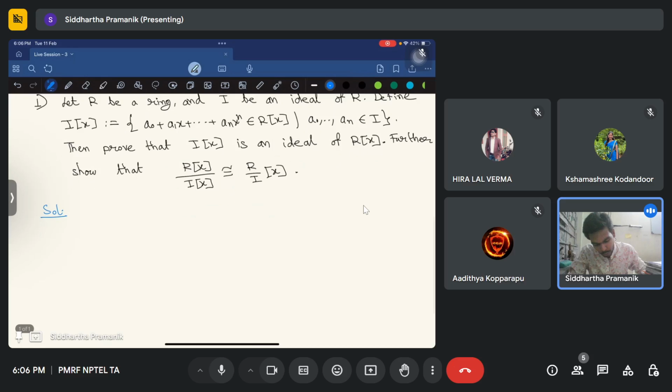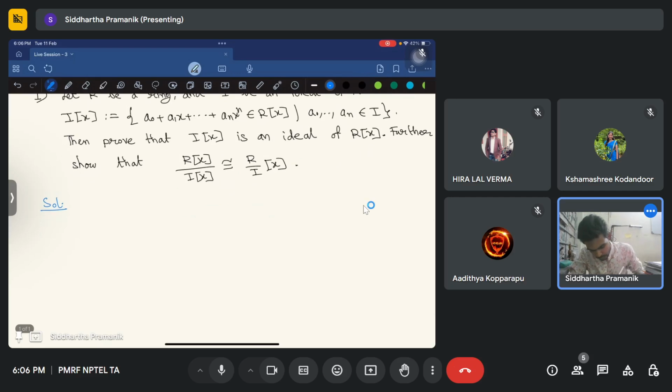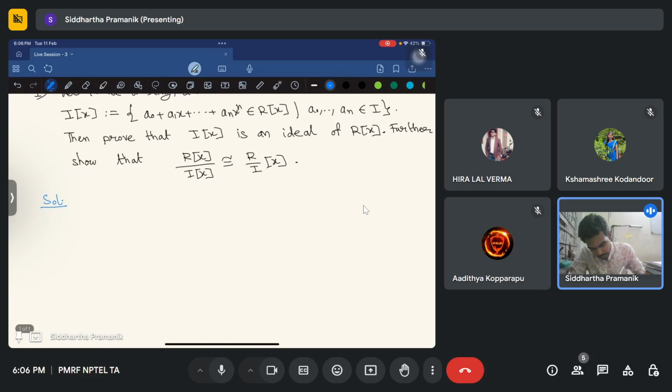So I will use the first isomorphism theorem. Let me define a map. Let f from the polynomial ring R[x] to the polynomial ring (R mod I)[x] be a function.